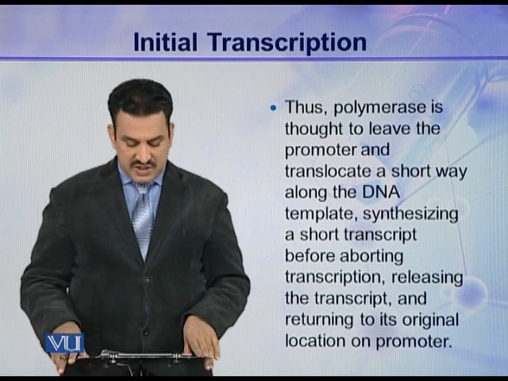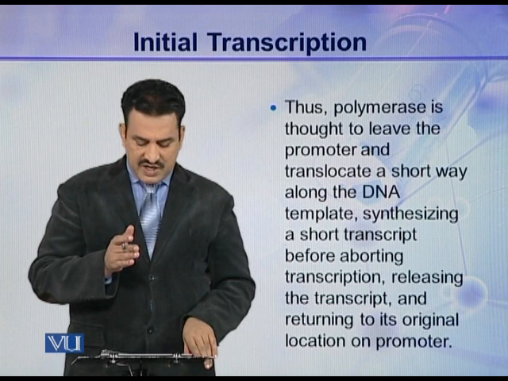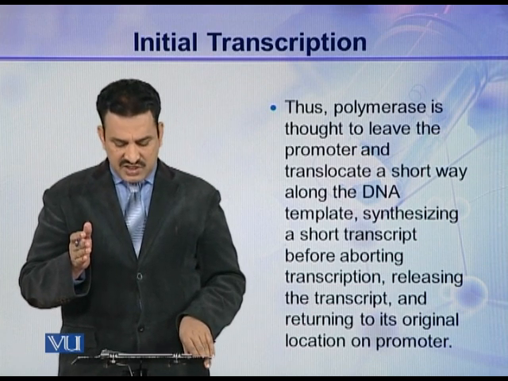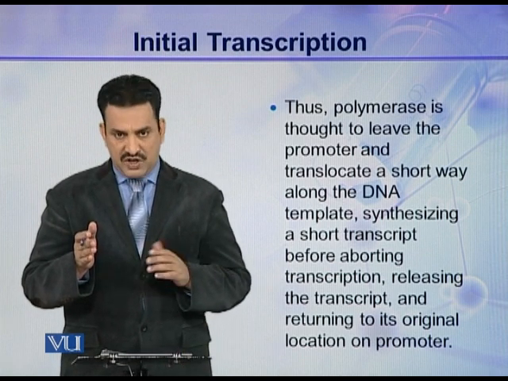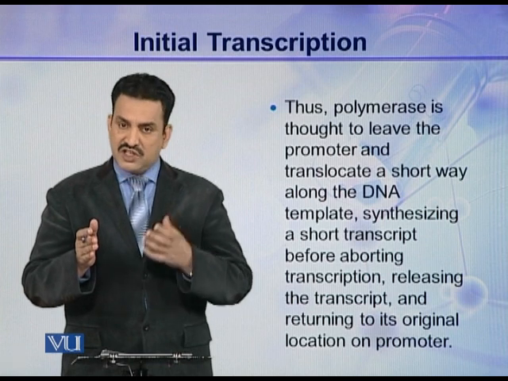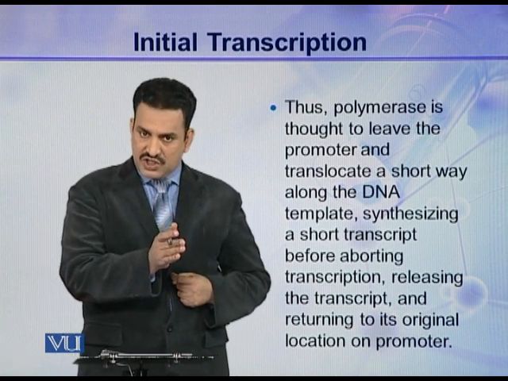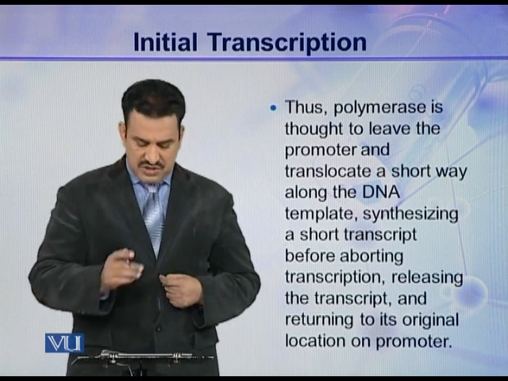Thus, polymerase is thought to leave the promoter and translocate a short way along the DNA template, synthesizing a short transcript before aborting transcription, releasing the transcript, and returning to its original location on the promoter. So this will be repeated.